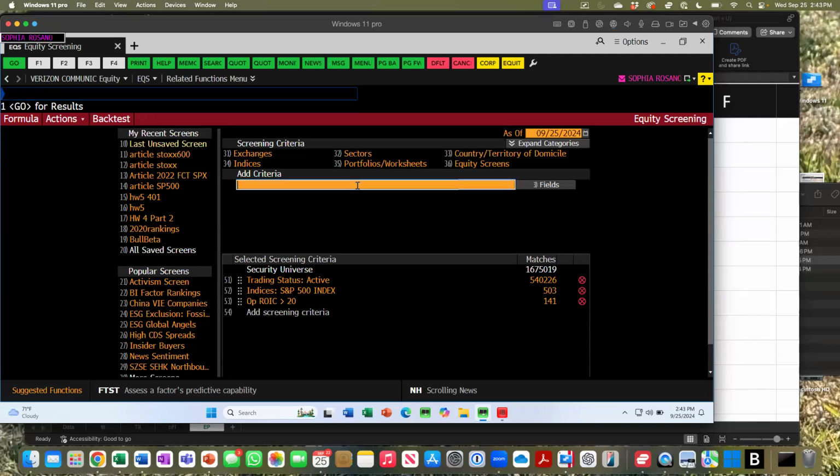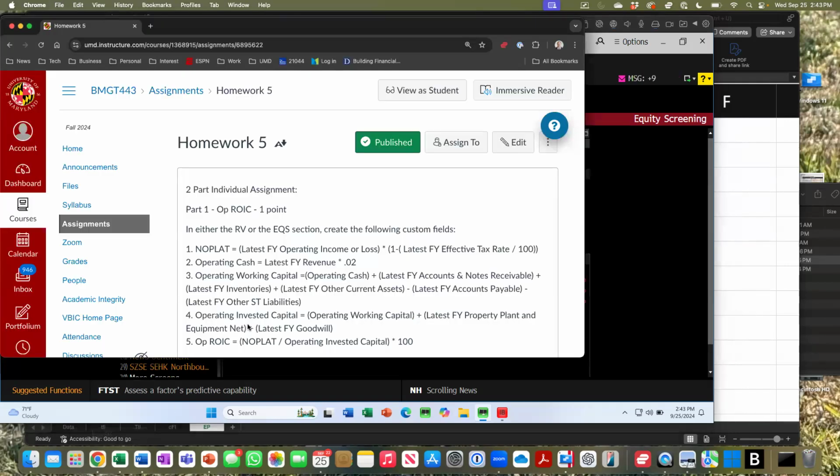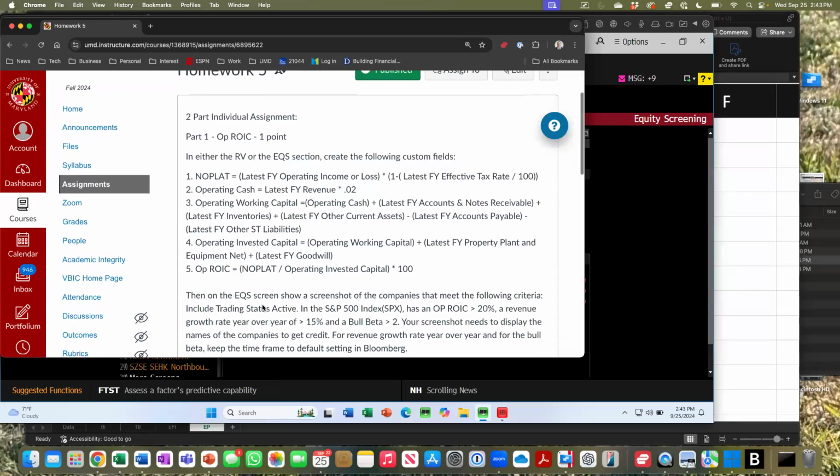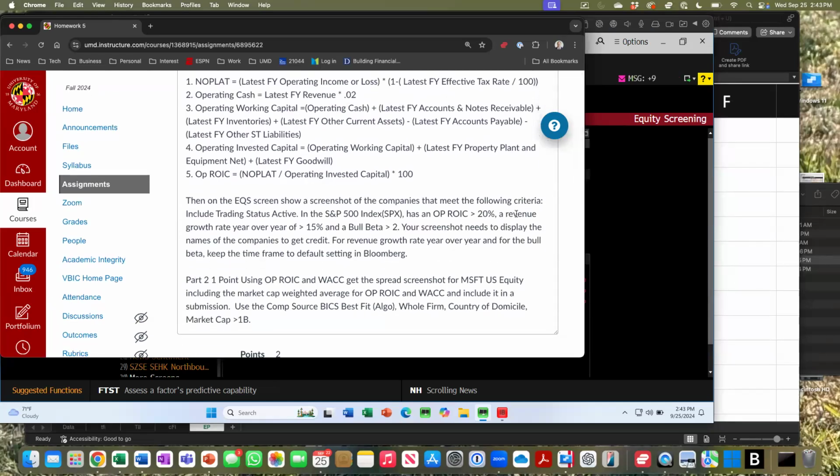Next criteria, and had revenue growth year over year greater than 15.